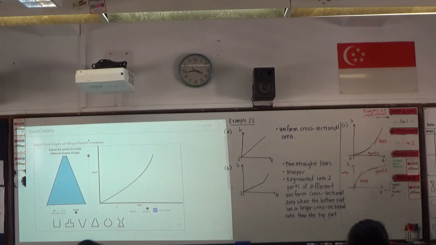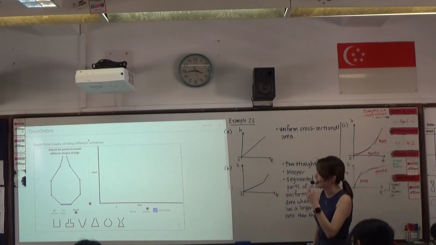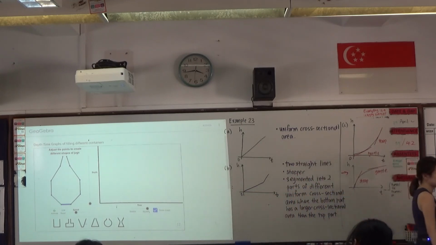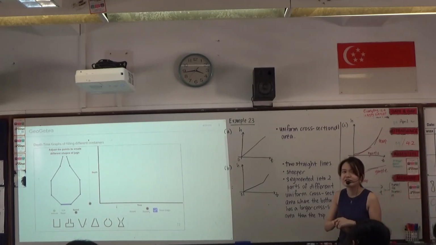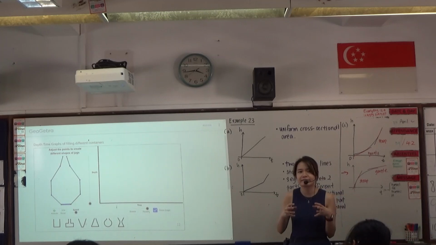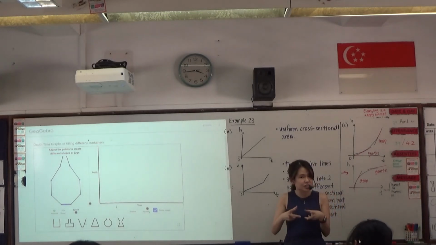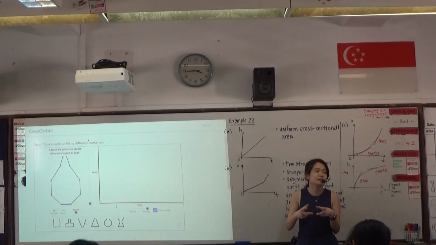Then what about the spherical one? Sorry, I think this is the best the software can create. Imagine there's a sphere. What do you expect it to be? It will start off slow or fast? Start off fast, right? Because the cross section at the bottom is smaller.